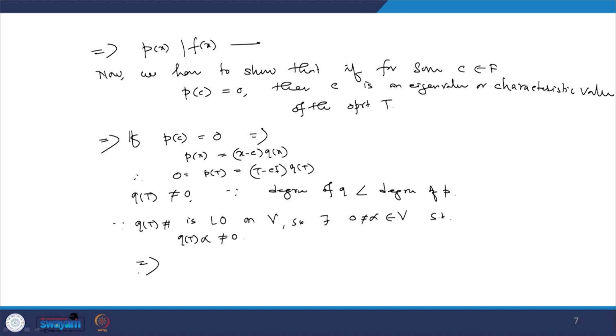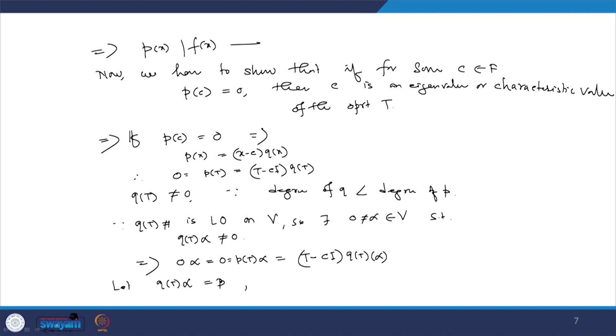So, this implies 0 operating on alpha equal to 0 equal to p(T) alpha equal to (T minus cI) operating on q(T) alpha. So, let q(T) operating on alpha equal to beta.